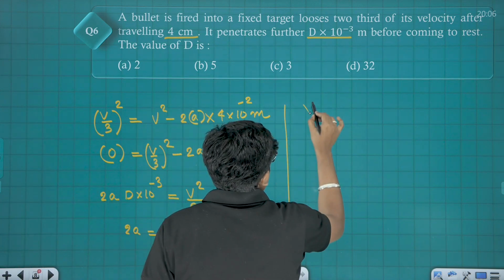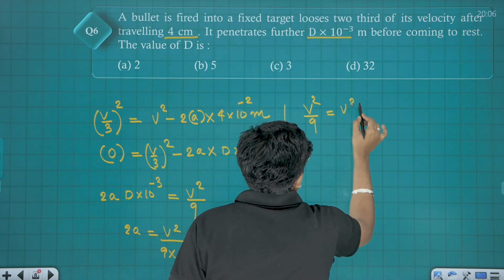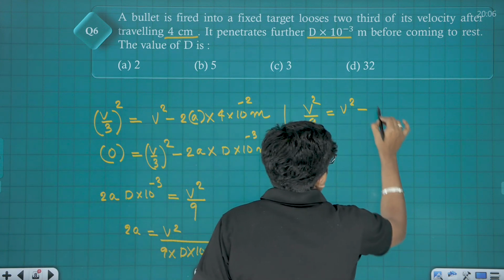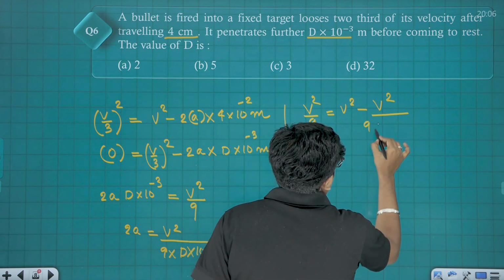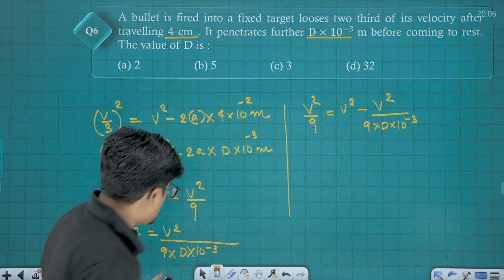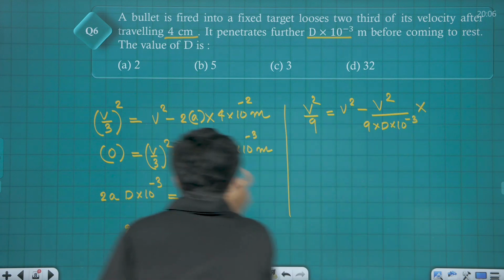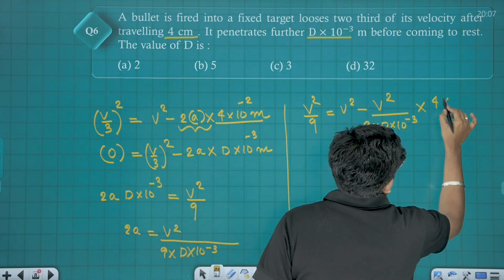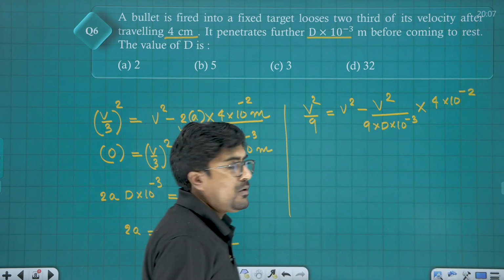Now what I am going to do is, let me substitute the value of 2a here. So this is going to be v square by 9, equal to v square minus, instead of 2a, I can have v square upon 9 into capital D into 10 to the power minus 3, into, I just substituted the value of 2a there, and I am left with 4 into 10 to the power minus 2.